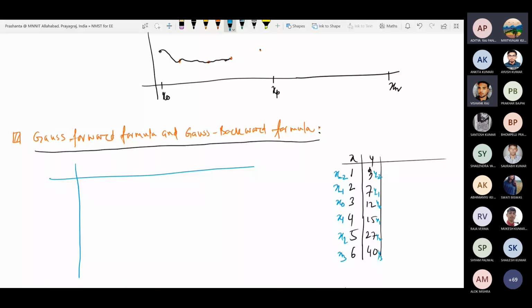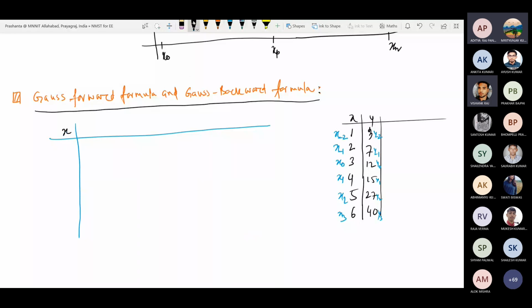The derivations are a bit complicated, it will seem, but it is not that difficult. So this is the X values, this is the Y values, this is the first order forward difference, second order forward difference, third order forward difference, fourth order forward difference, fifth order forward difference, and so on. It will depend on the number of data points.